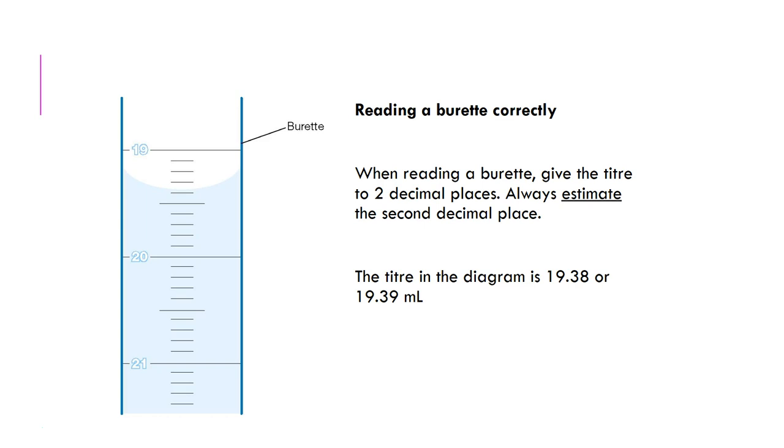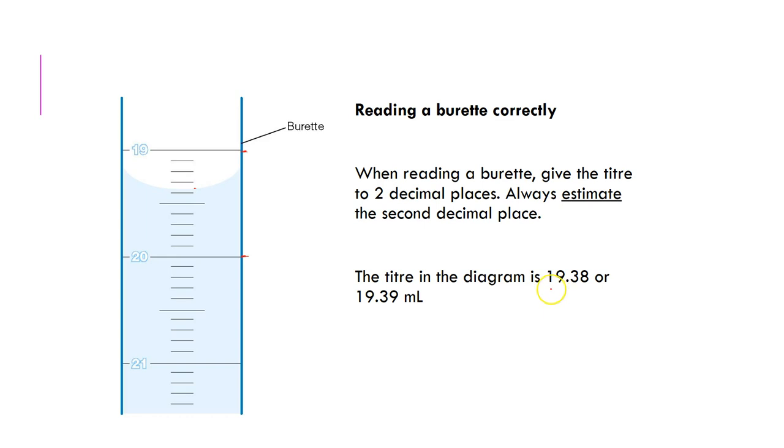Reading the burette, when you read a burette, you give the titer to 2 decimal places. So if we were to look at this one, we can see here we've got 19 and it goes to 20, so it's going up. So this would be 19.5, 19.4, this is 19.3. It's just a bit below 19.35, halfway between these two.